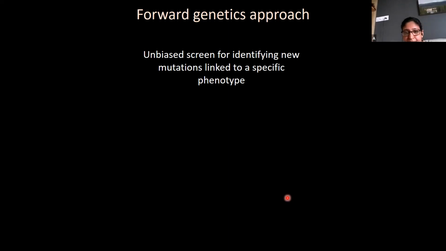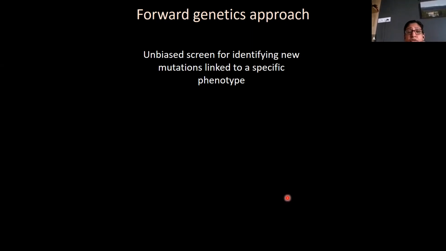So what is the forward genetic approach? In the forward genetic approach, we pick the collections or screens that people have done already, or we can plan our own screen, meaning a large-scale screen to identify new mutants linked to a specific phenotype. Let's think about cancer.